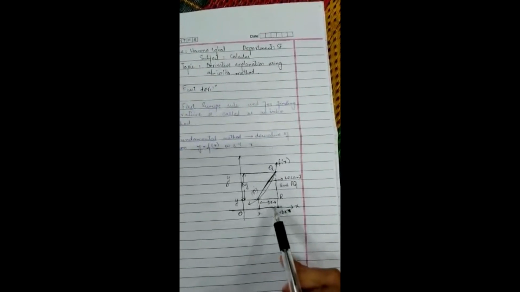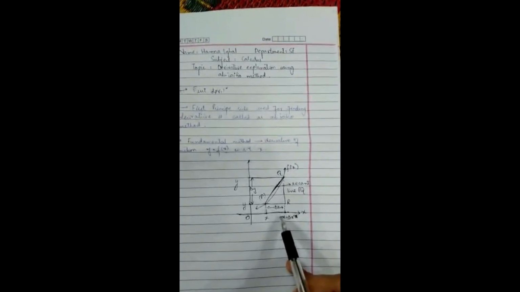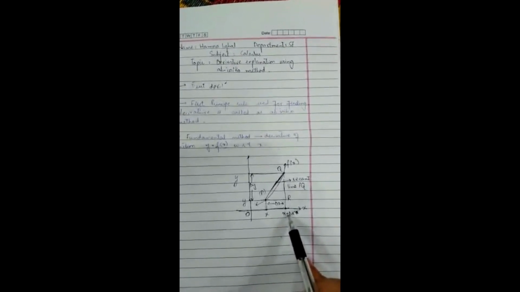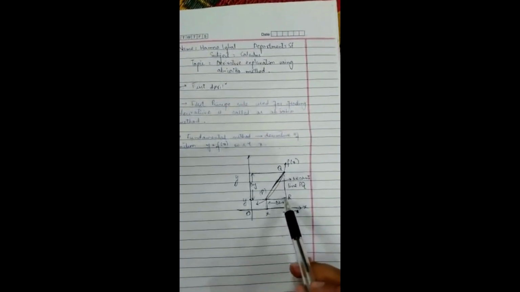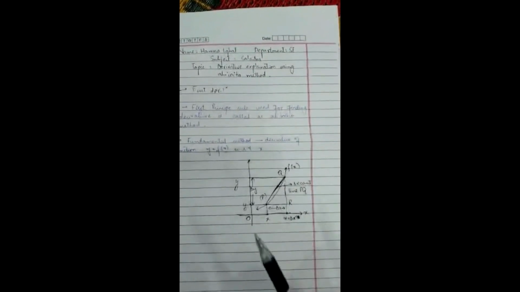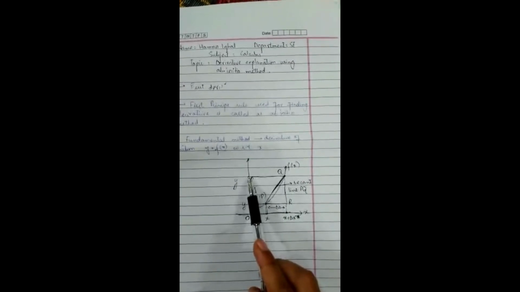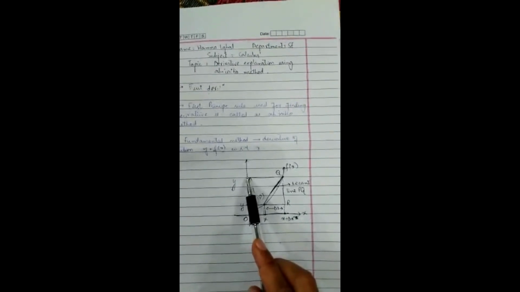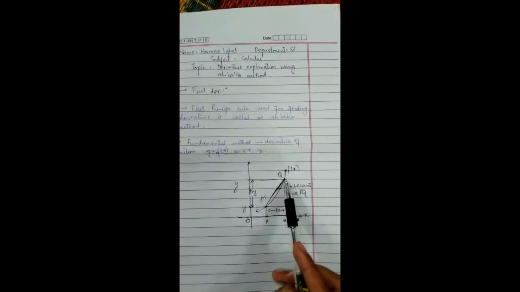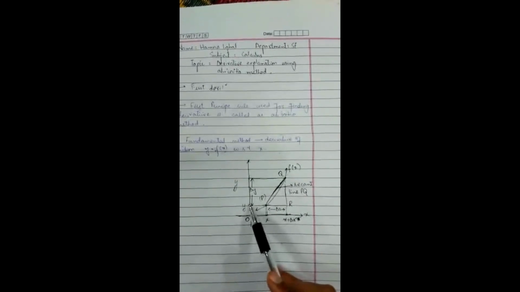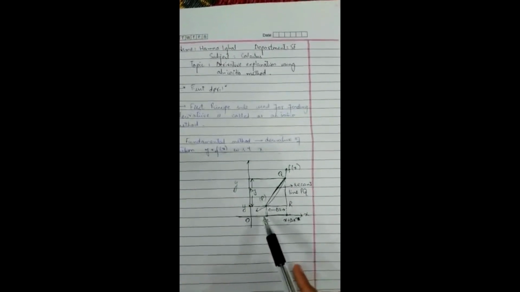So here this is x plus del x, and there is also an increase in the y-axis. There is also an increase in y, the dependent variable. Here is y, the original first point which we joined with x.